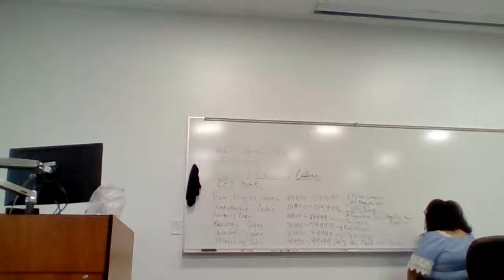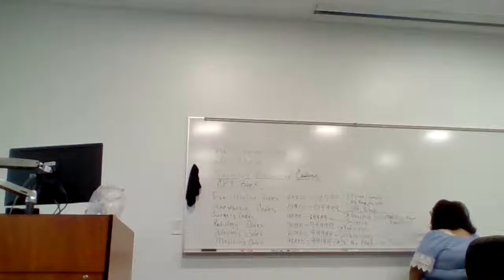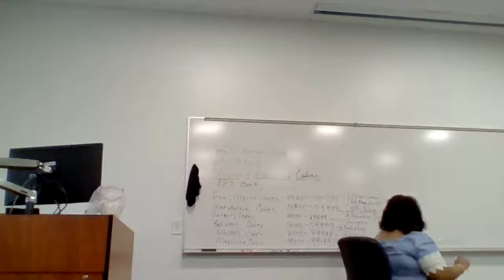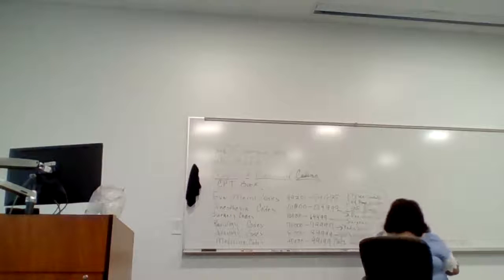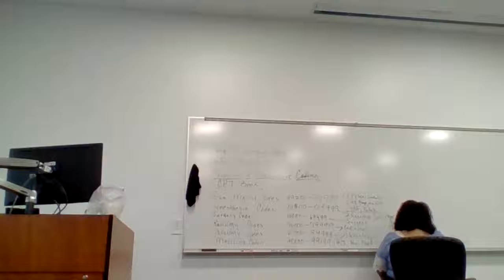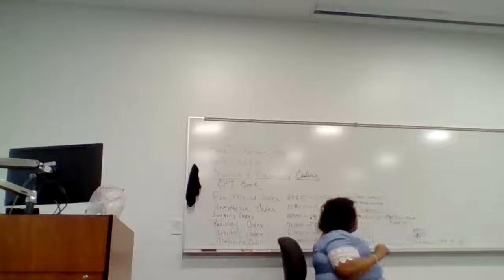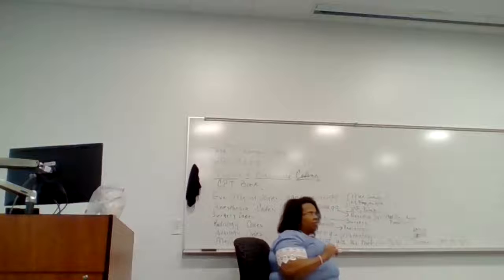The chiropractic codes begin at 9,700. Physical therapy, I forgot what that is, but I do know about the chiropractic codes. I think chiropractic goes from 97,000 to 98,000.